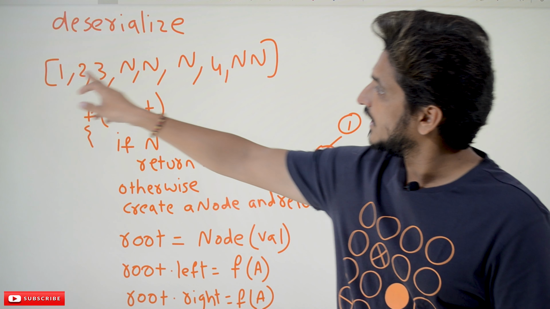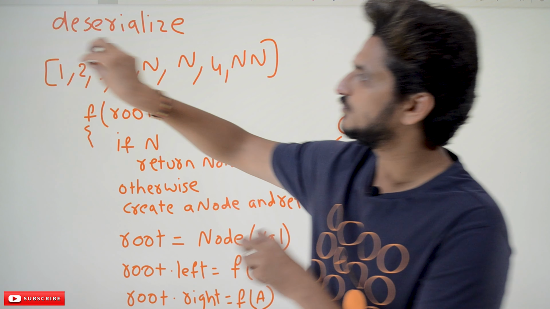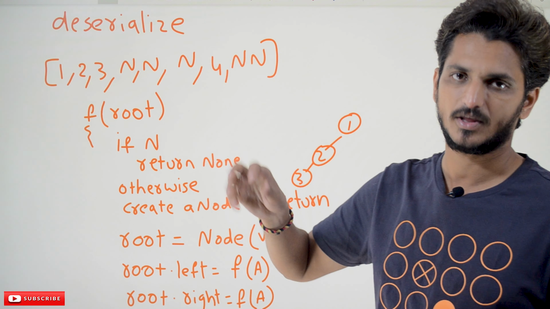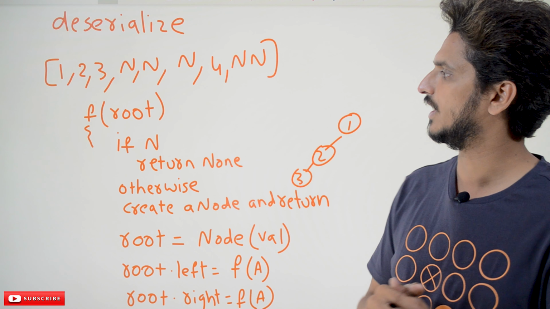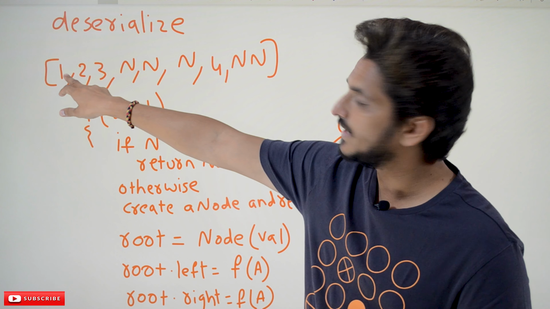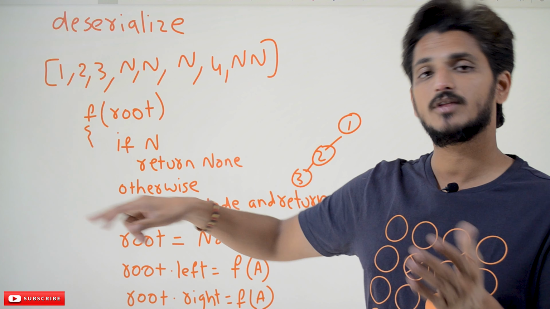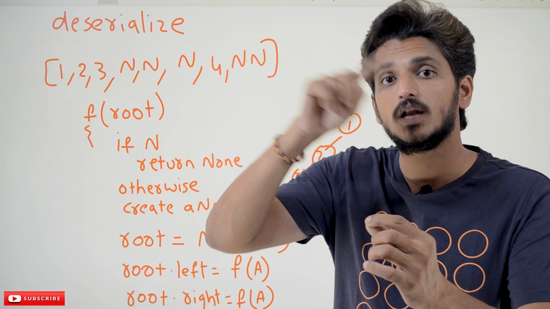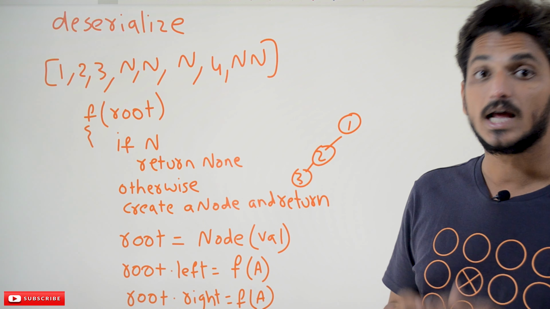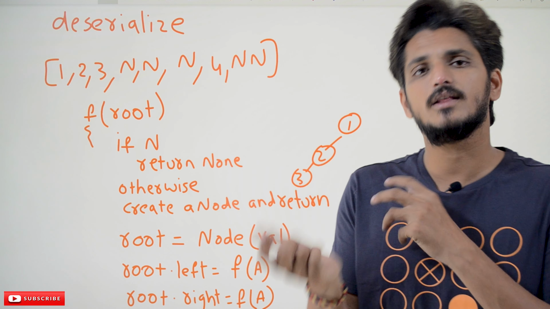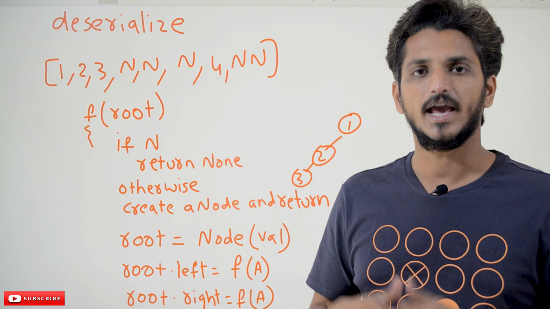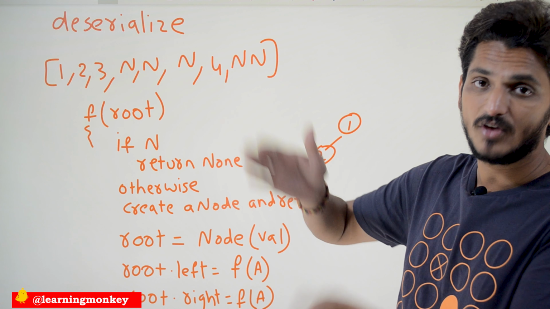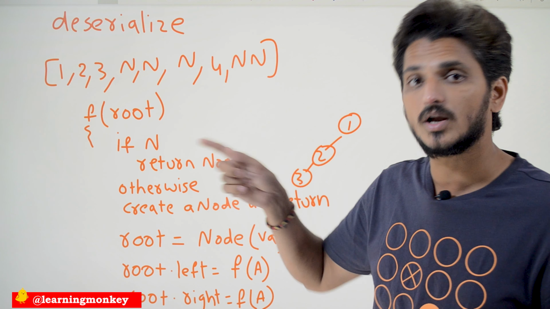Pop the elements one by one, meaning take the first element from the list each time. If the element is n, meaning none, or -1 if you used that, you have to return none. Otherwise, create a node and return that node. Our function calling should run exactly the way it runs in preorder traversal.